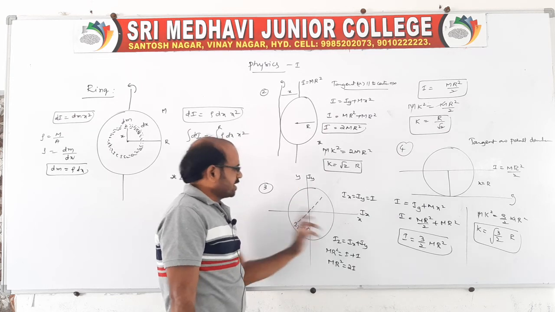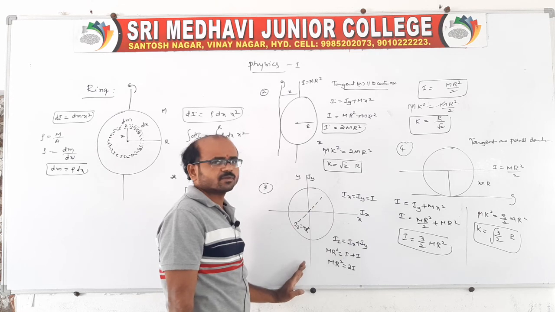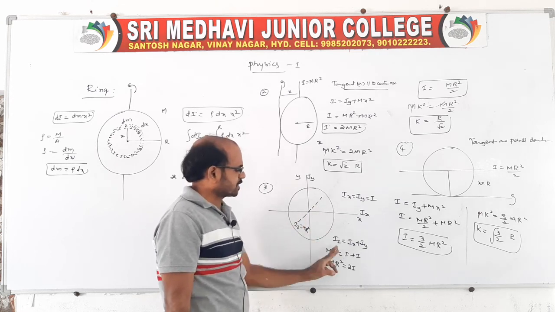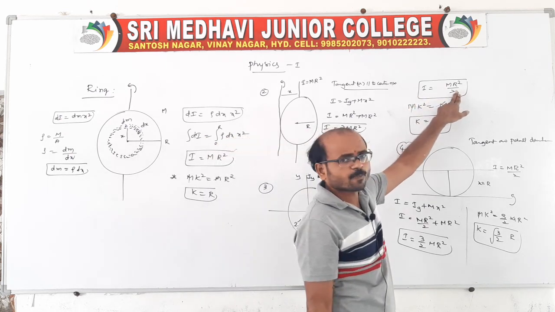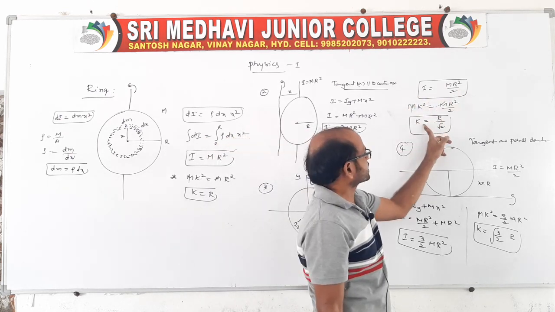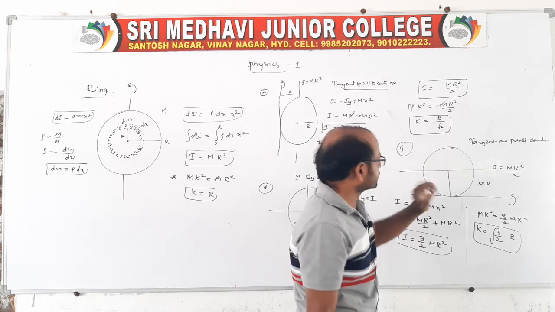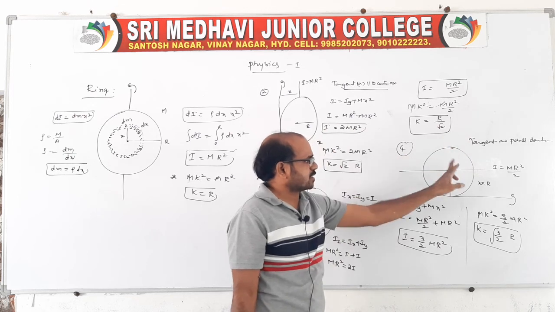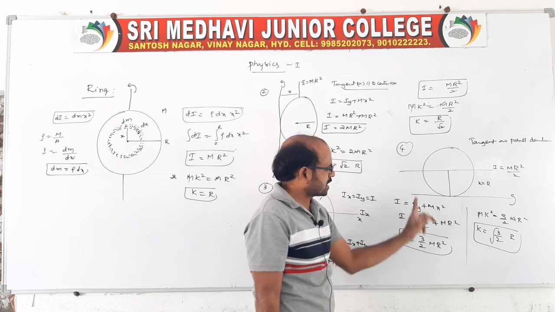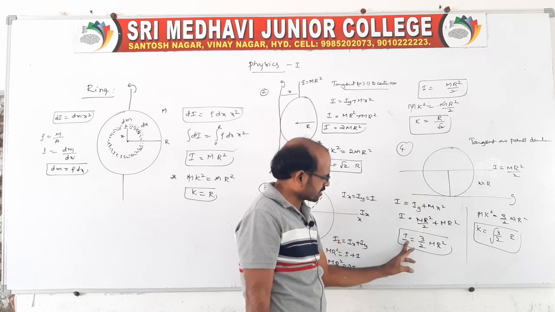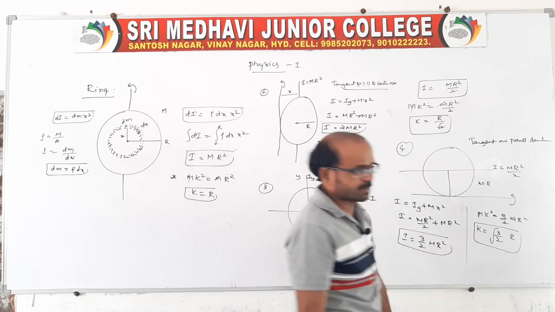Third, about any one diameter, because diameters are equal, and already we know the center, according to the perpendicular axis theorem, therefore moment of inertia will be mr square by 2. For this radius of gyration, k is equal to r by root 2. And the fourth one, about a tangent parallel to the diameter, that means here the axis is parallel to the diameter. So according to the parallel axis theorem, again you apply. Therefore, I is equal to 3 by 2 mr square. Therefore, radius of gyration, k is equal to root over 3 by 2 r.